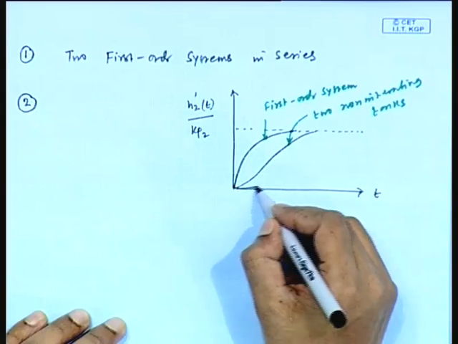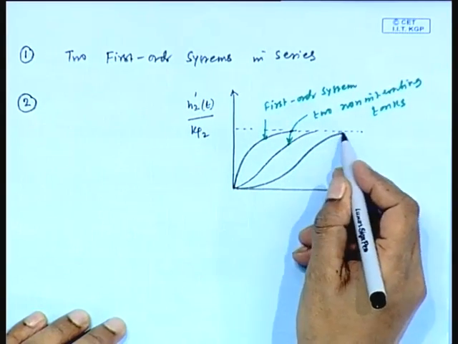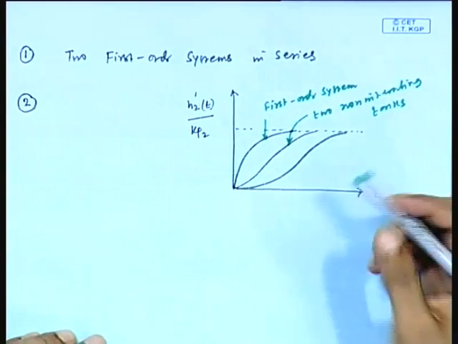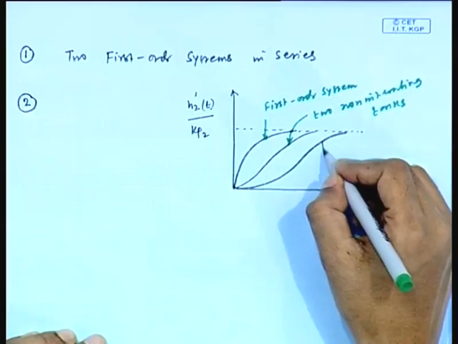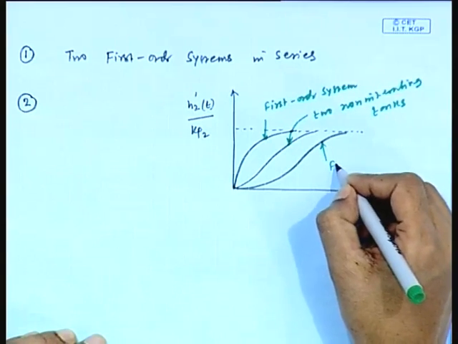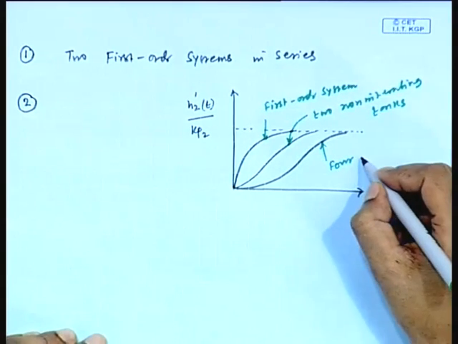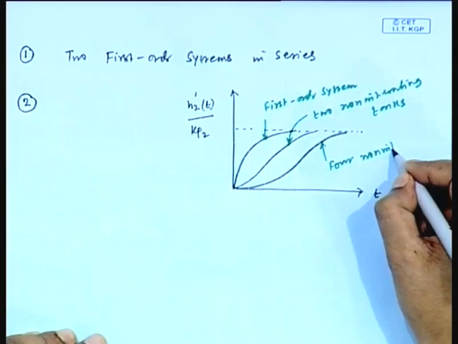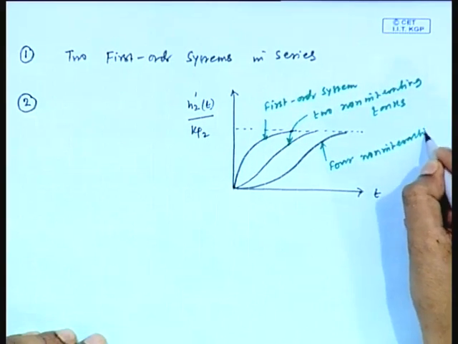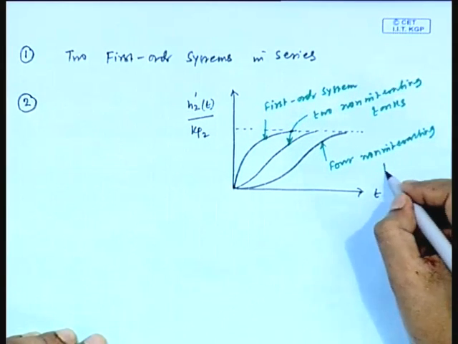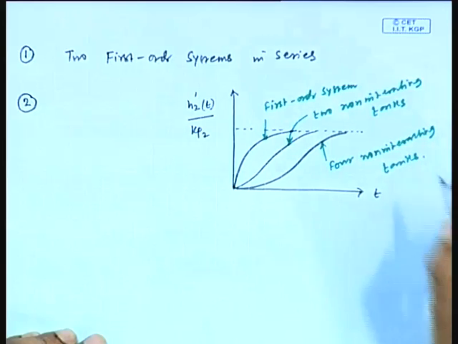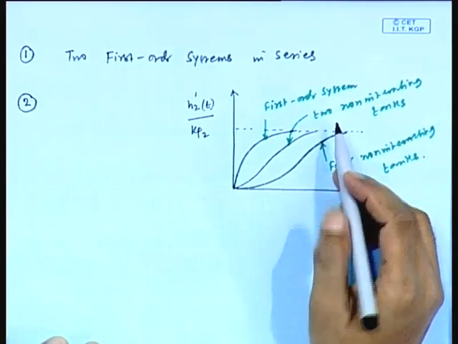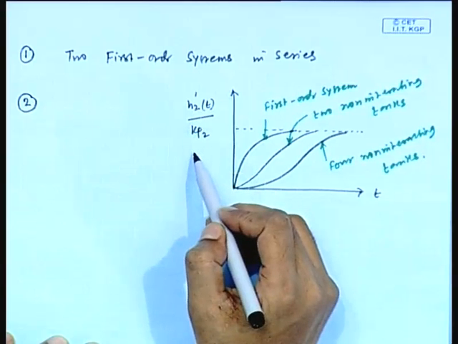and this is the dynamics of four non-interacting tanks. Fine. For the first order system, this should be H by Kp.